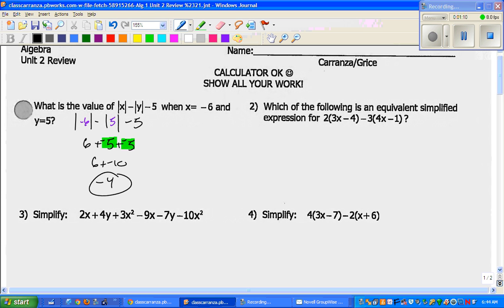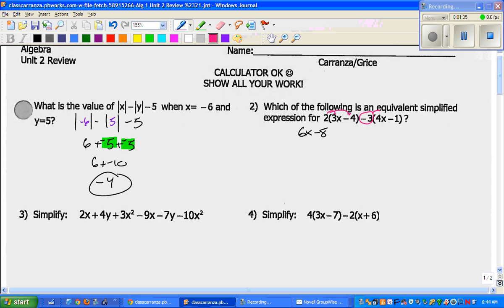Okay. Number 2 says, which of the following is an equivalent simplified expression for 2(3x minus 4) minus 3(4x minus 1). Now, whenever we have parentheses, we need to distribute whatever is outside. 2 times 3x is 6x, and 2 times negative 4 is negative 8.